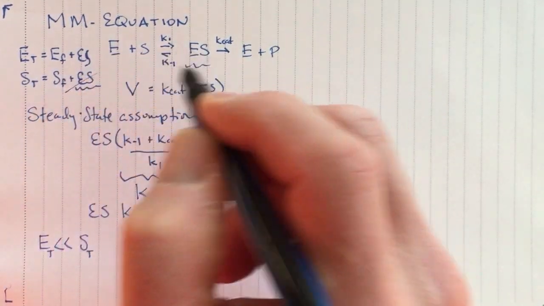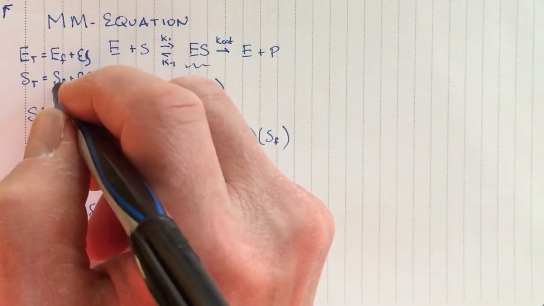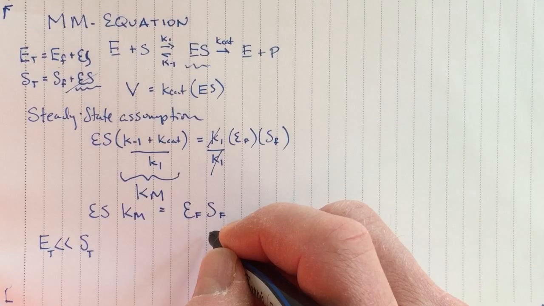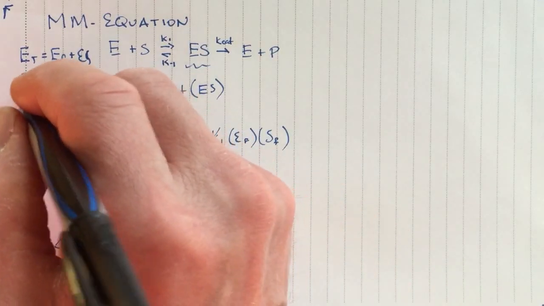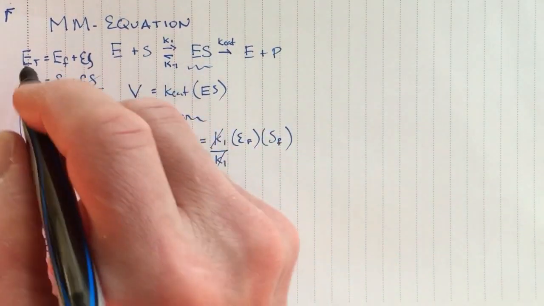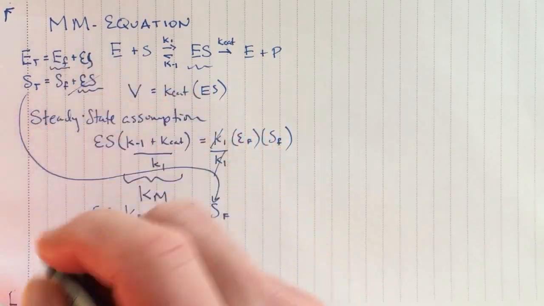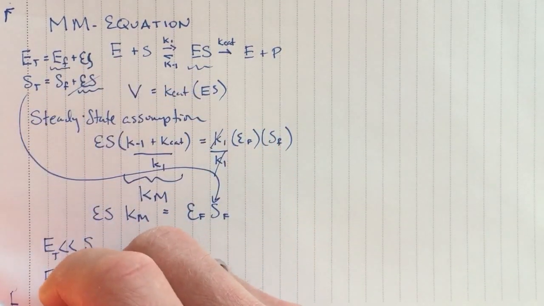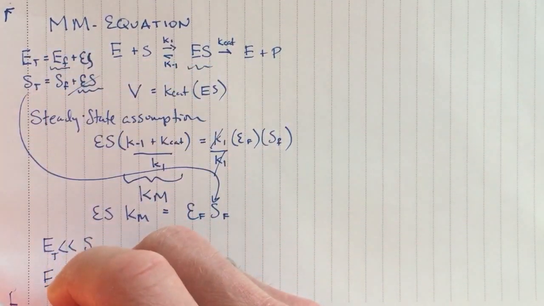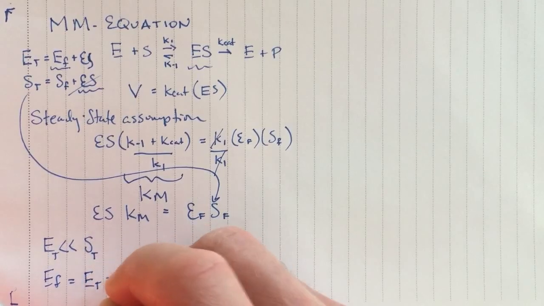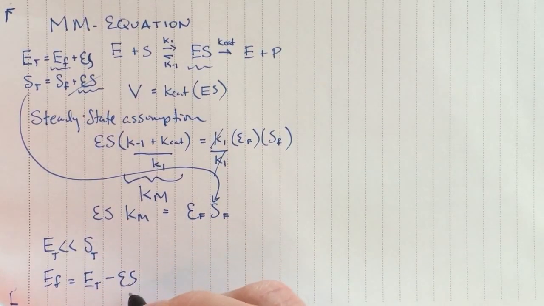So we'll replace the free concentration of substrate with the total concentration of substrate. For the free enzyme concentration, we have to do that more completely, and we rearrange this equation into free enzyme is equal to the total enzyme minus the enzyme substrate complex.